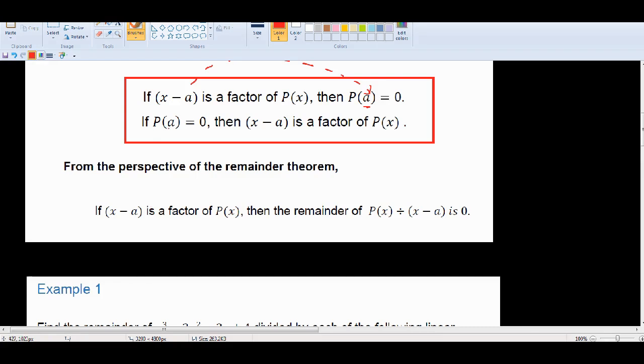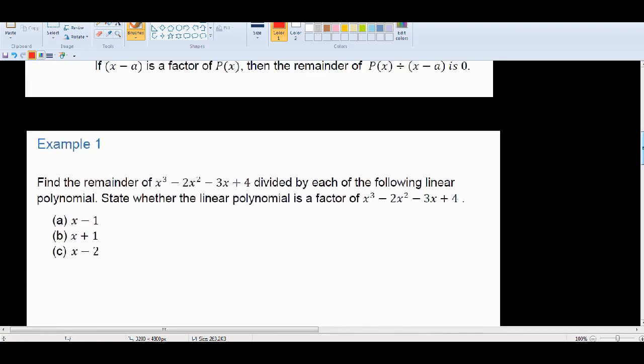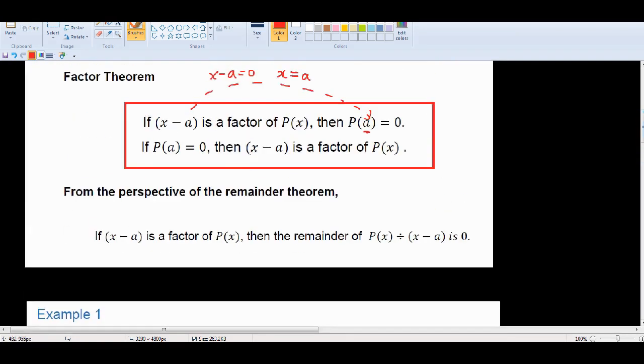But from the factor theorem, if you put in a, which makes that divisor 0, and you find that P(a) equals 0, then x minus a is a factor. Keep that in mind.